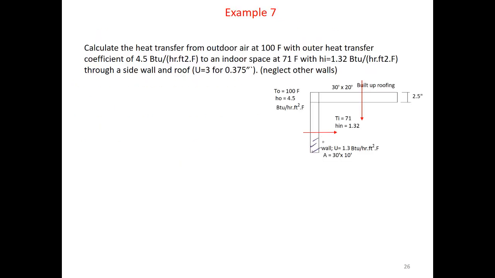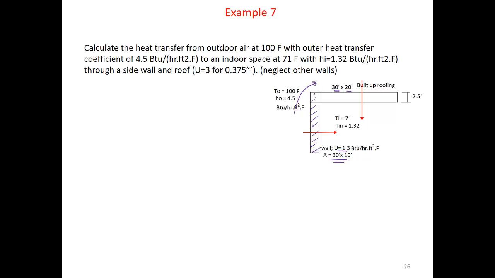You have a wall and a roof. The built-up roof has an area of 30 times 20 and a thickness of 2.5. The wall has a U value, it's given for you as 1.3, and area of 30 times 10. The outdoor conditions right here, we're only considering those two, so we're neglecting the other sides.